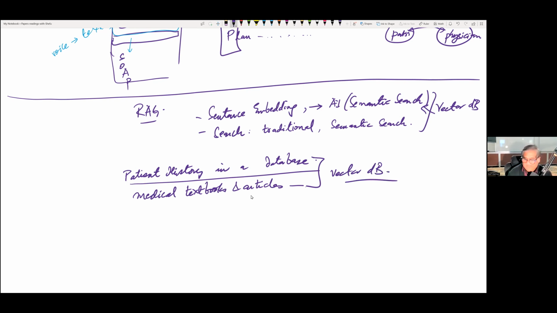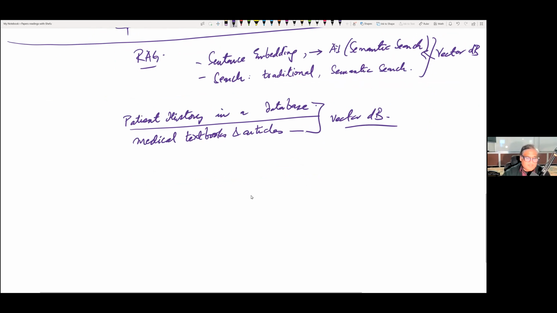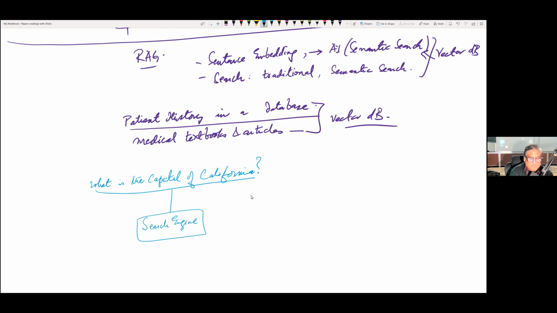And now what we did is, and this is the essence of RAG, what it says is, when a user asks a question, let's say that the user comes and it says, what is the capital of California? So imagine one thing happens. You take it, you put it through a search engine. Now, search engine will take this text and it will come out with search results.